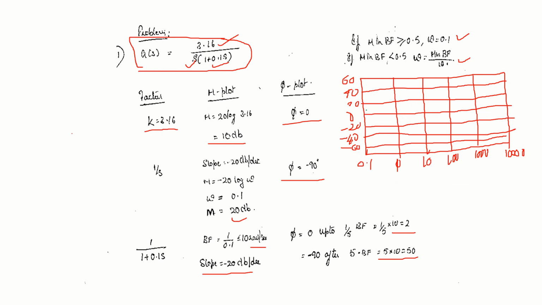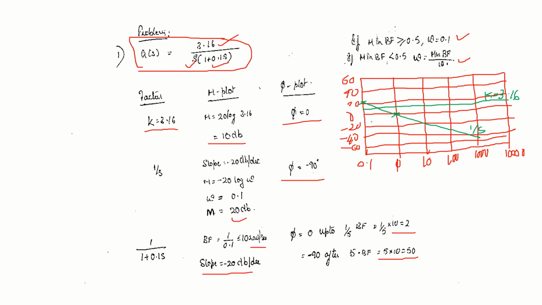Magnitude of 3.16, 10 decibel. Draw 10 decibel horizontal line. This is K equal to 3.16. Then 1 by s plot. Then omega is 0.1, magnitude is 20 dB. Slope is minus 20 dB per decade. This is 1 by s plot. 1 by 0.1, break frequency is 10.